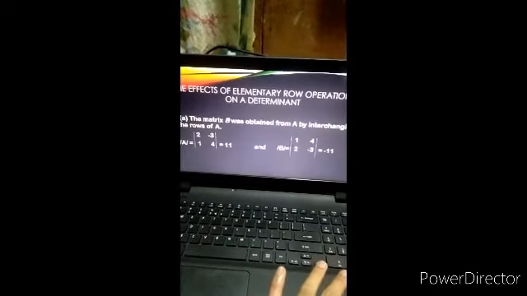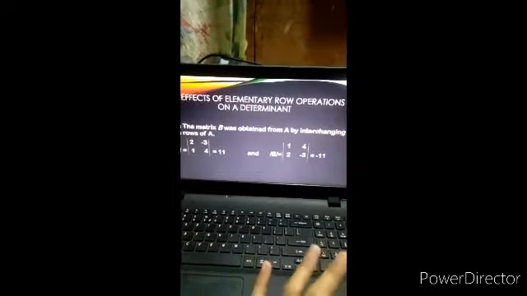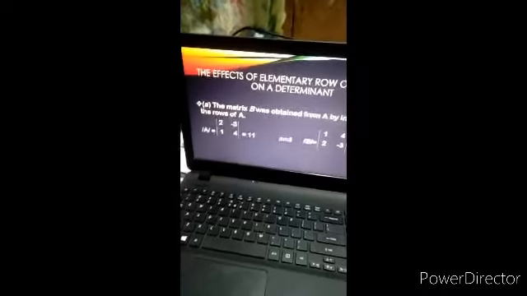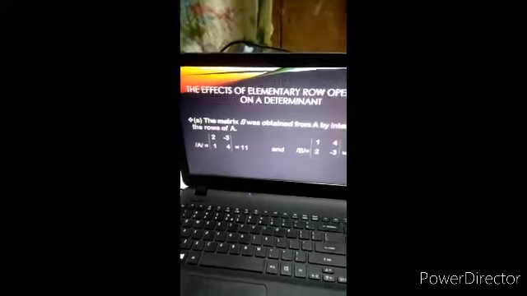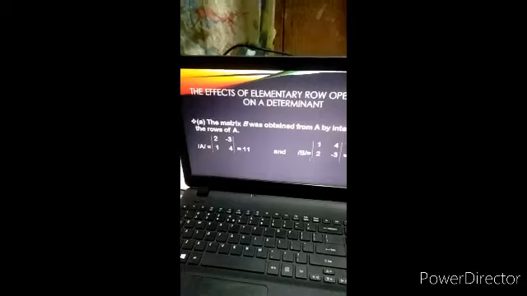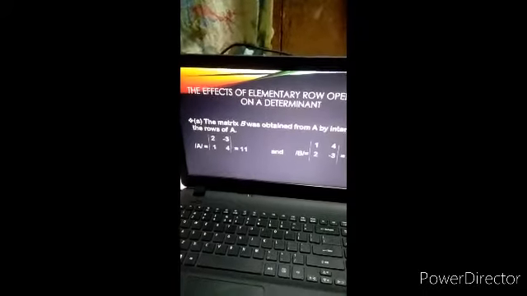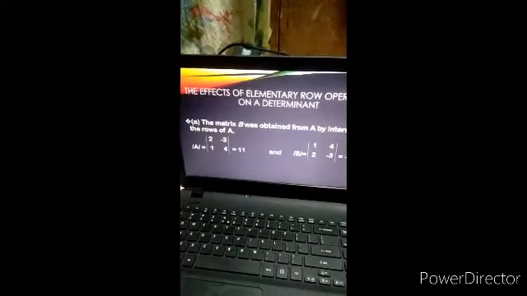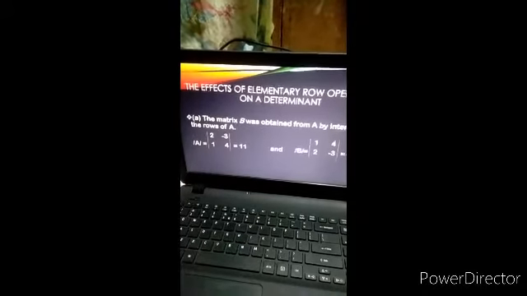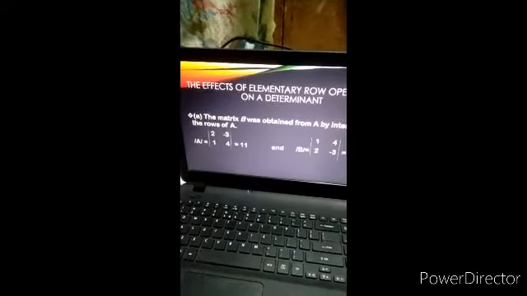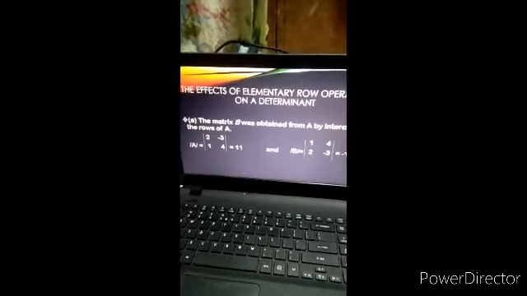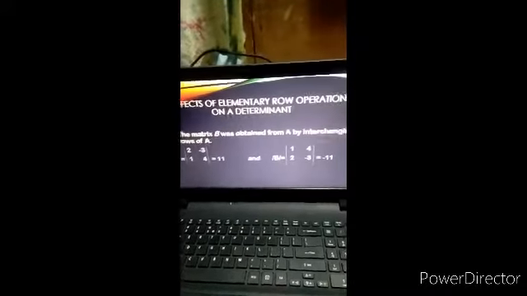Matrix B is obtained from A, but its rows are interchanged from A. Let's start with A. 2 times 4 equals 8. Then 1 times negative 3 equals negative 3. So it would be 11.